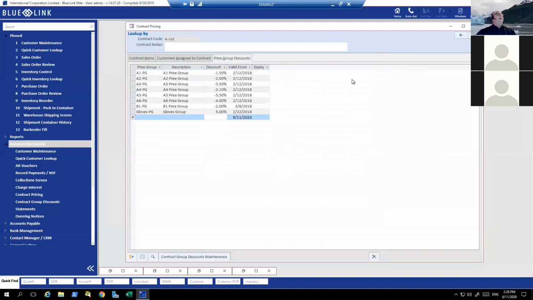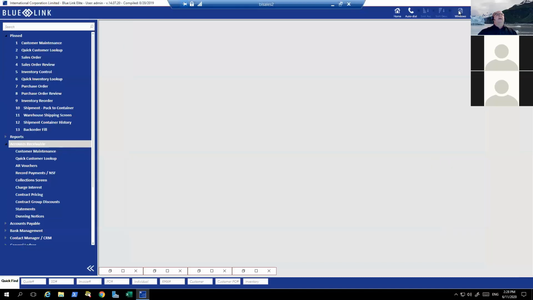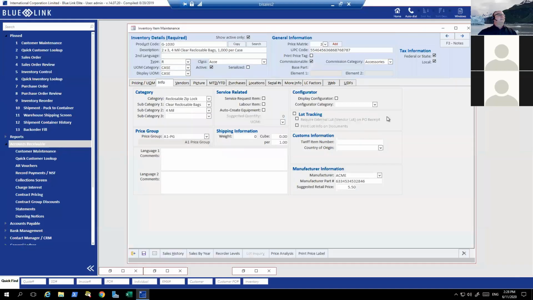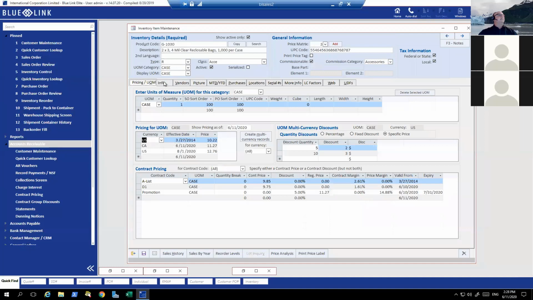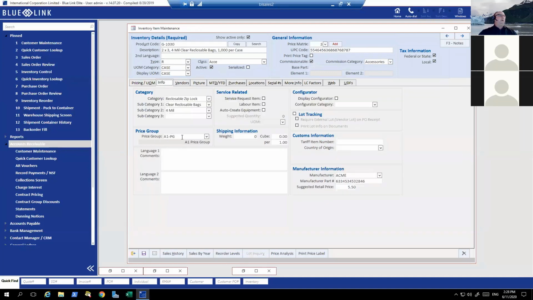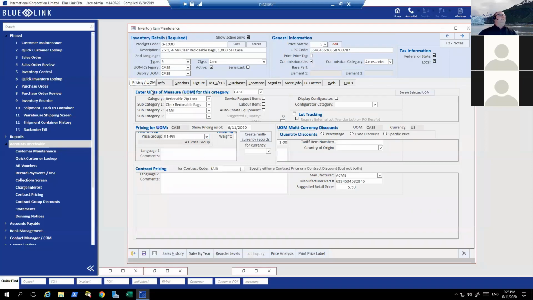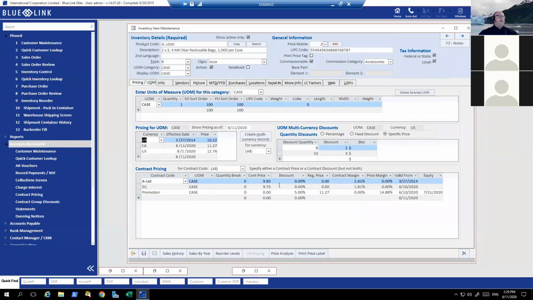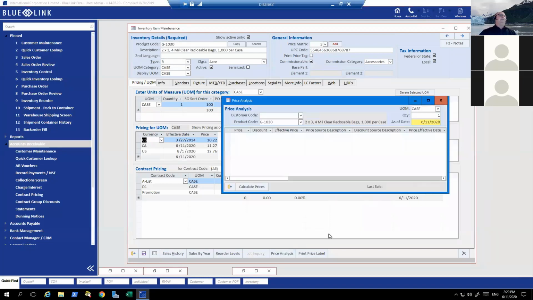So I'm going to go back into the inventory itself. Okay, for this particular product again, I have associated this to an A1 group, or any of the other ones I want. If I go into pricing, you can still see all this information, but let's now look and see the impact of price analysis.